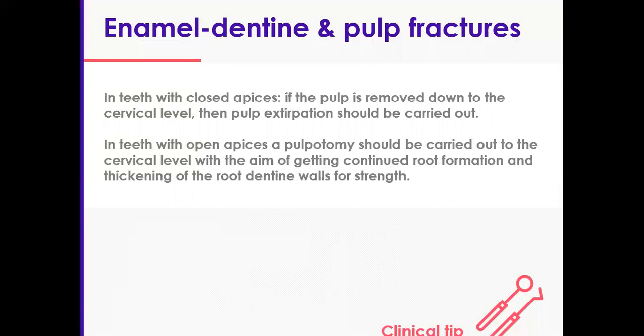But in mature closed apex teeth, if you're going too deep to the cervical aspect and it's still bleeding, then maybe it's time for you to do the full root canal treatment. But with immature teeth, preservation of vitality is essential. We can even try these days different regeneration procedures.